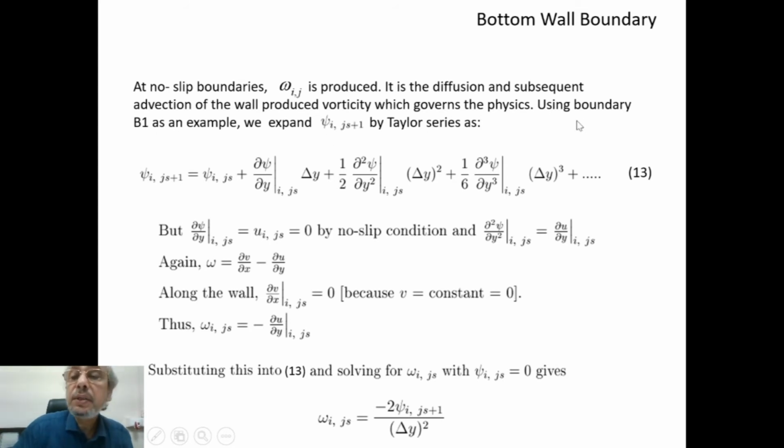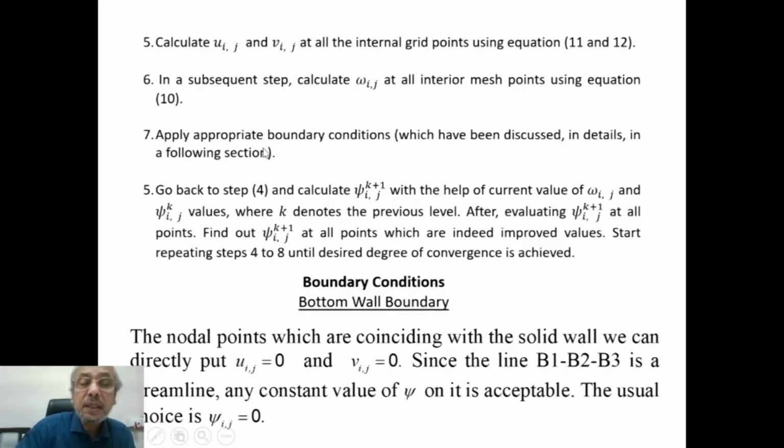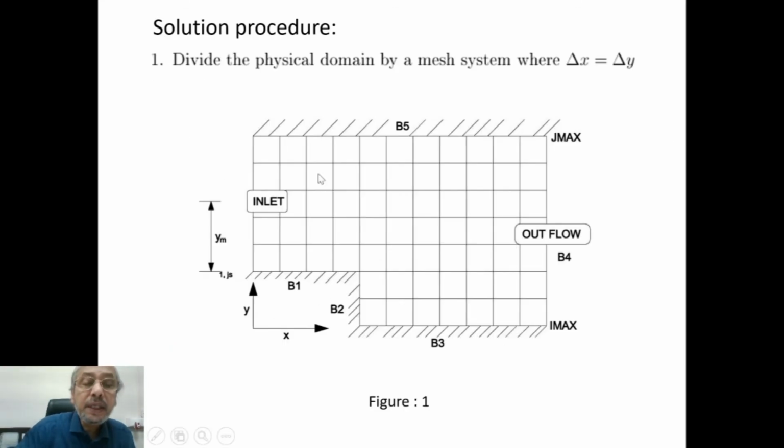Now see, if we take B1, the just entry part of the backward facing step or this channel, we can expand psi at js plus 1. What is js plus 1? Again, go back to the boundary. If we say this point is I equal to 1 and j equal to js, this is js plus 1, this is js plus 2.